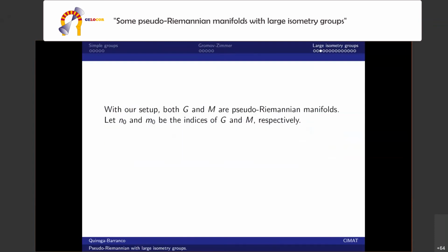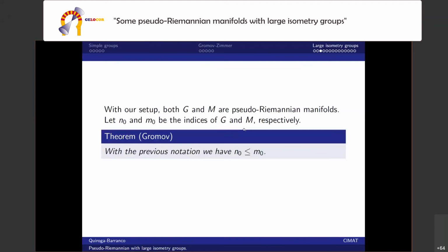So what can you say about this? One important thing is this is a simple group. From the very beginning, we know that M itself is a pseudo-Riemannian manifold. So you have two pseudo-Riemannian manifolds that you can compare with each other. Both have corresponding indices.